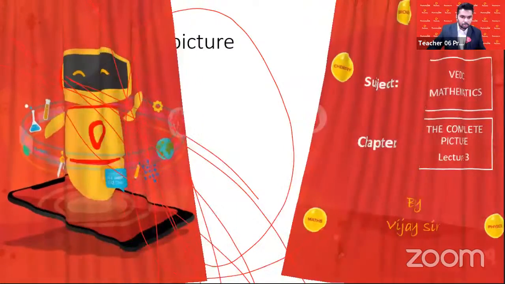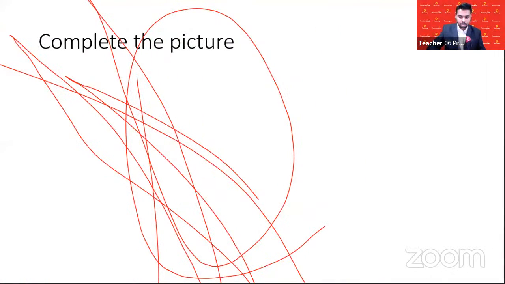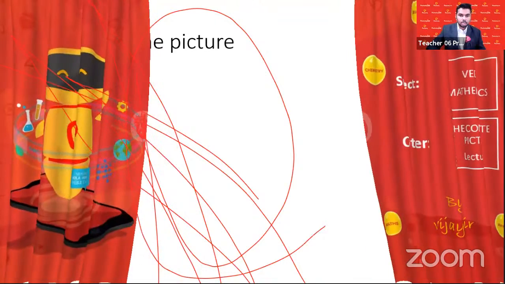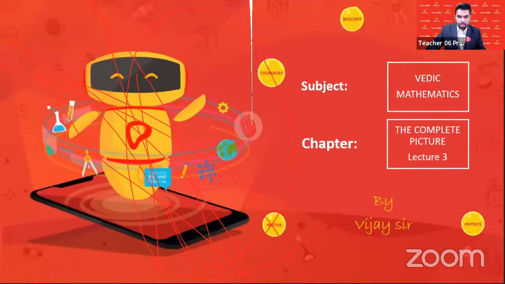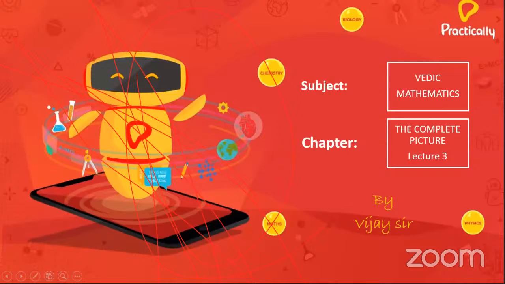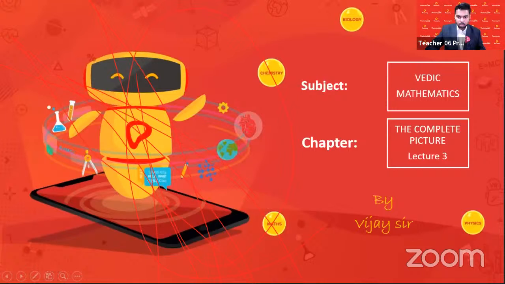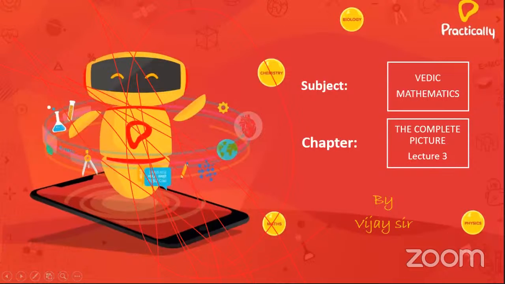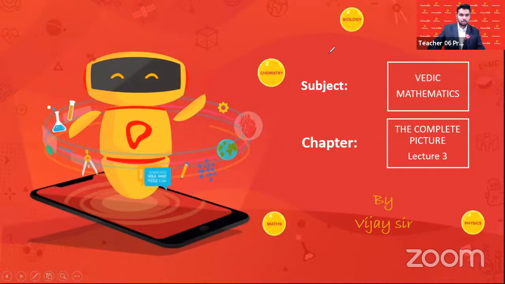Lakshman sir, could you help me with disabling the annotation? Yes, I have disabled the annotation, but somebody has drawn already, I guess. Please erase it from your side. Okay, let me try. Hereafter it is not going to happen because it is already disabled. Okay, I think now we are fine to go.